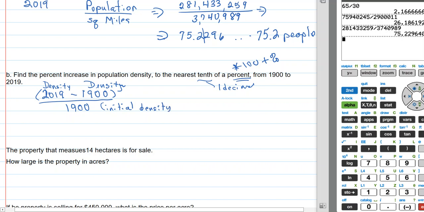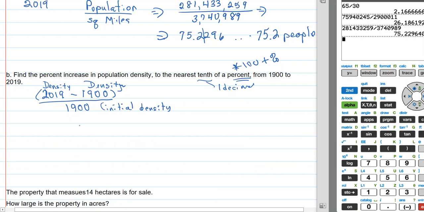So now that we have that, we can construct our problem. Again, we're going to have the 75.2 people per square mile, minus the original, which was 26.2, divided by the original, our starting point, because we're trying to measure the increase. And we can do it all on calculator.